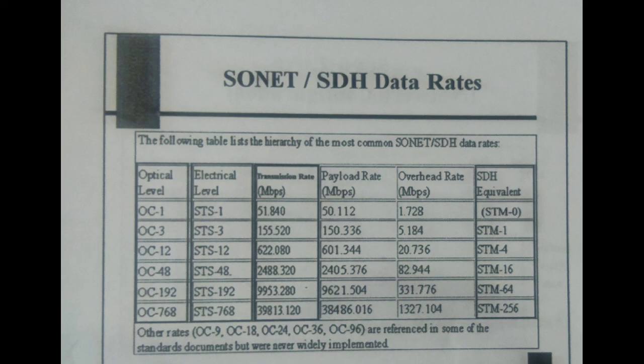We can see that OC-1 STS-1 51.84 is made up of 50.112 payload, that is the actual data signal or the traffic which is being carried, and the overhead is 1.728, so it becomes around STM-0. Similarly, we have STS-3, then STS-12, STS-48, STS-192, STS-768, which is equivalent to STM-256.